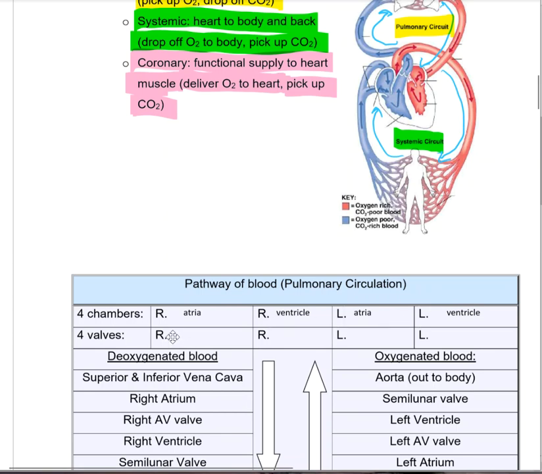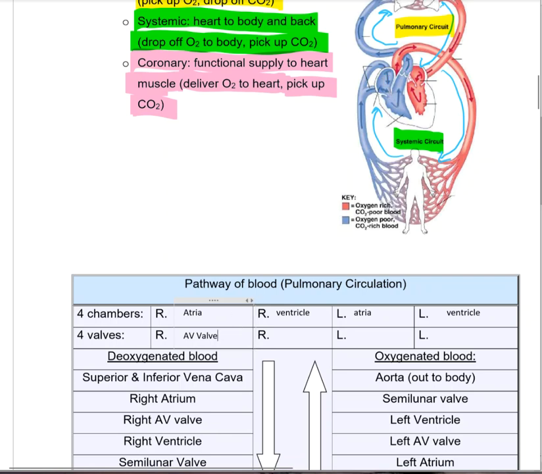We have the right AV valve. Right, there we go. Right AV valve. Now, AV stands for atrial ventricular. And so what this means is this is the valve that's in between one of the atria and one of the ventricles.